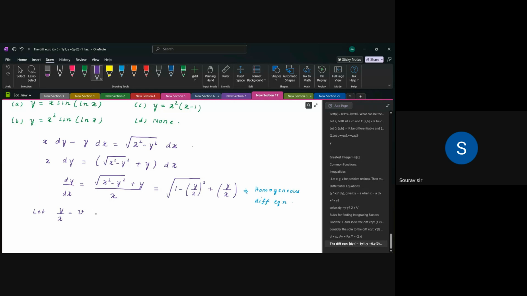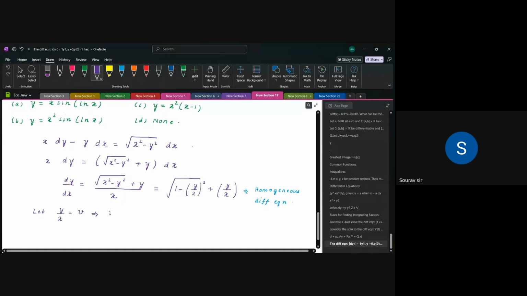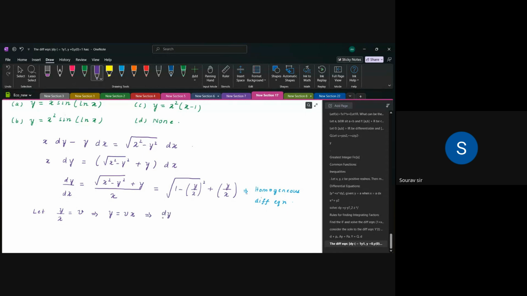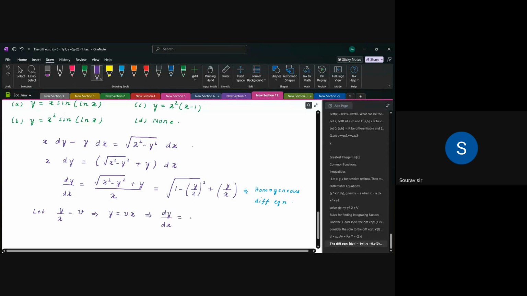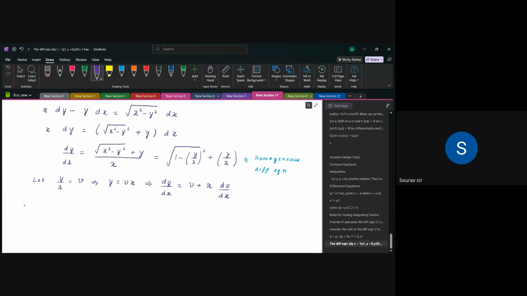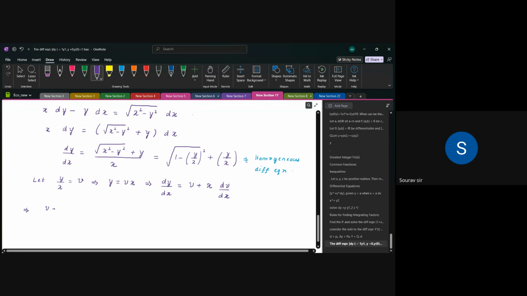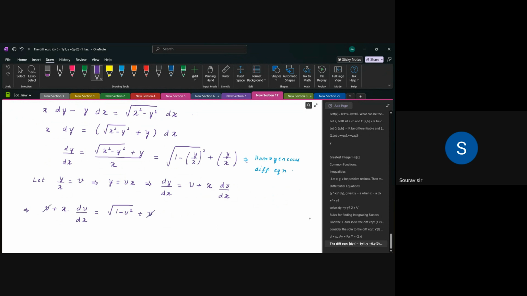So that means your y will be equal to vx. If I differentiate it, dy by dx is equal to v plus x into dv by dx. If I replace it in place of dy by dx, v plus x into dv by dx will be under root 1 minus v square plus v.